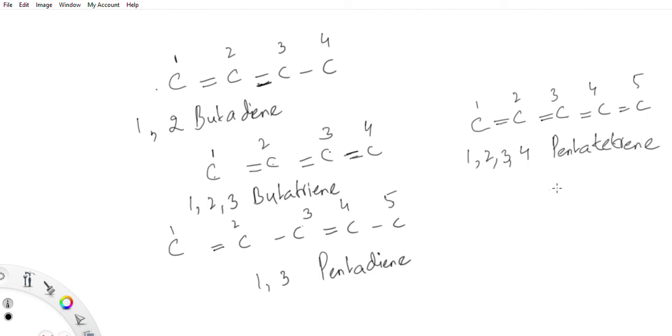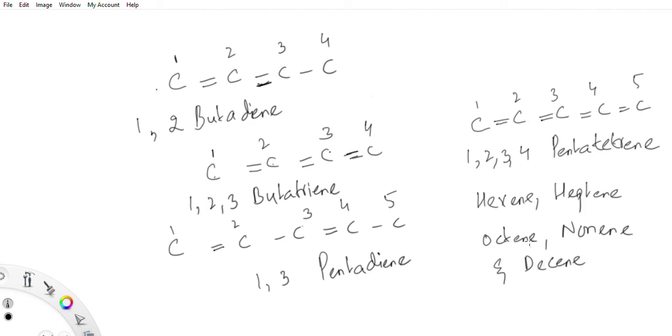So these were the namings of different alkenes. I hope this nomenclature is clear for you. Your homework or task is to do the same for hexene, heptene, octene, nonene, and decene.